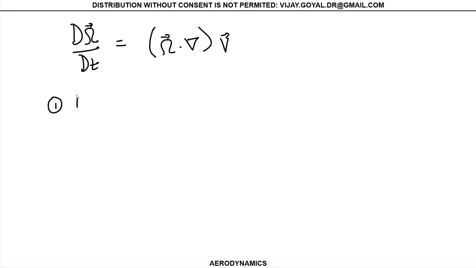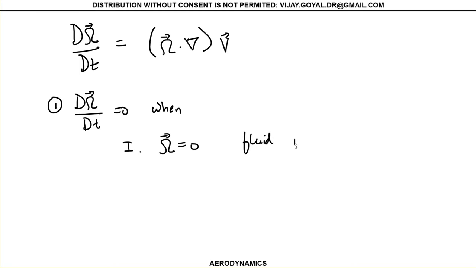Number one, this expression is going to equal zero, for the obvious reason, if there's no vorticity. This happens when the fluid is irrotational and stays irrotational.